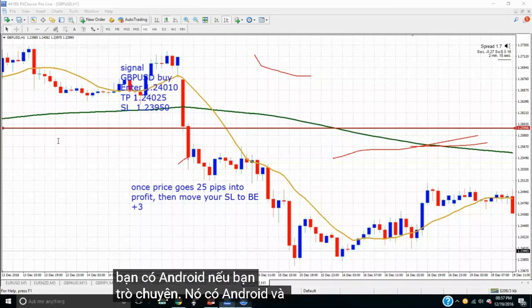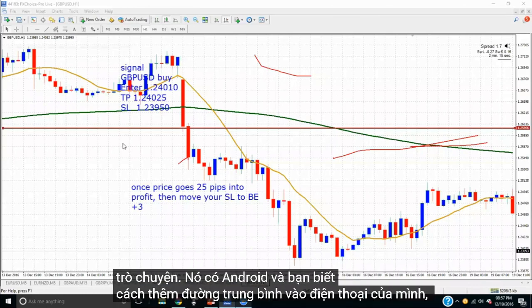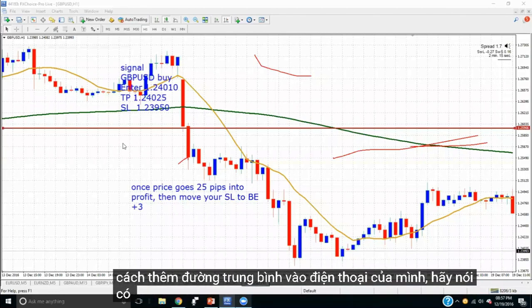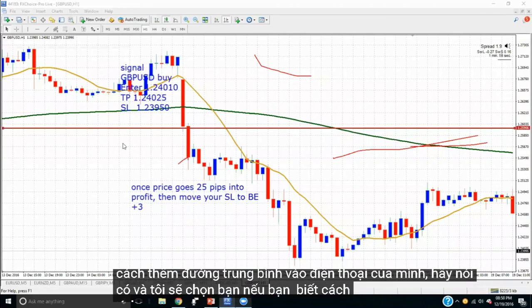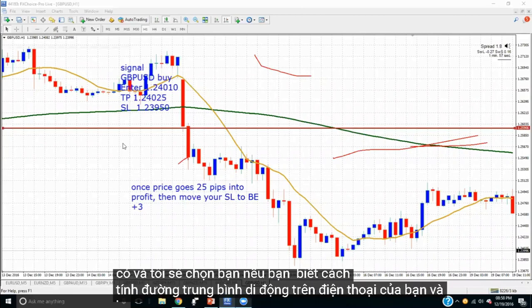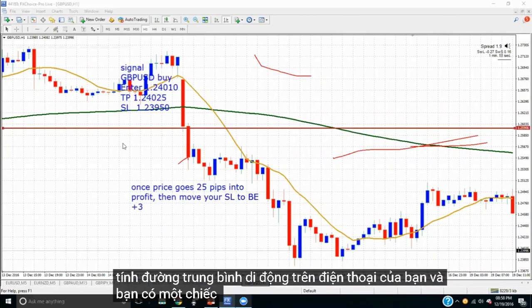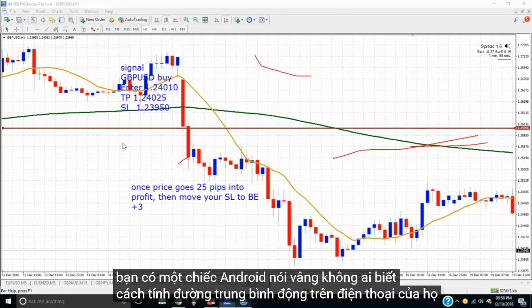Who has an Android and you know how to add moving averages to your phone? Say yes, and I'll pick you. If you know how to do a moving average on your phone and you have an Android, say yes. Nobody knows how to do a moving average on their phone with an Android.